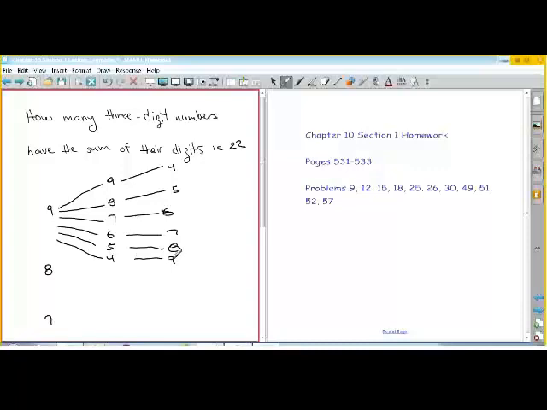After that, I'm done with 9 being the first digit. So I've got 9 plus 9 is 18 plus 4 is 22. 9 plus 8 is 17, plus 5 is 22, and I decrease this by 1 until that gets as big as I can make it. So there are 6 3-digit numbers that start with 9 that add up.